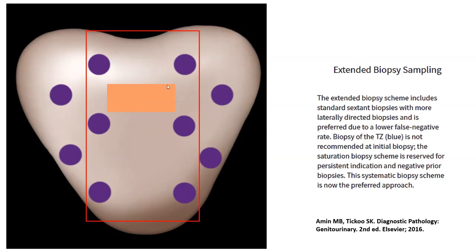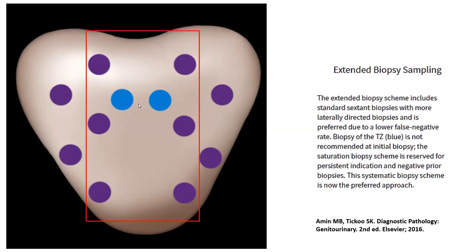And this part, which has been basically blacked out, is the region of the transitional zone. Now, the transitional zones are usually not sampled in the initial biopsy approach, while in a case where you are having persistent negative biopsy findings, the repeat biopsies will also target these transitional zones of the prostate.